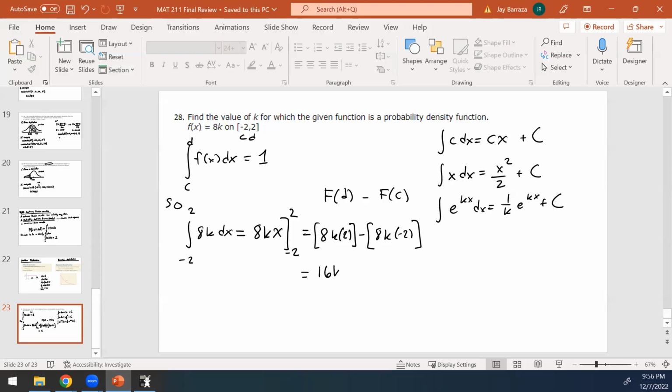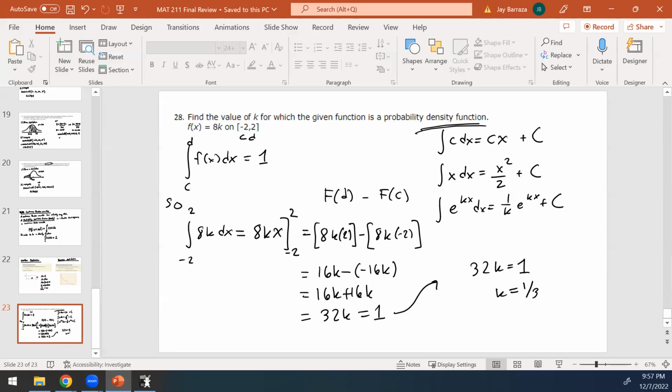And so I get 16k minus -16k, which becomes 16k plus 16k, which is 32k. And what does this have to be equal to be a density function? It has to be equal to 1. Does everyone see that? So 32k is equal to 1, so k is equal to 1 over 32. And that is the number that is going to give you a density function.